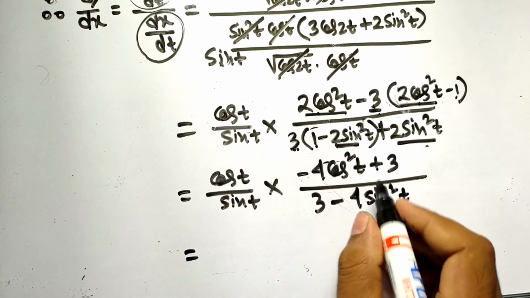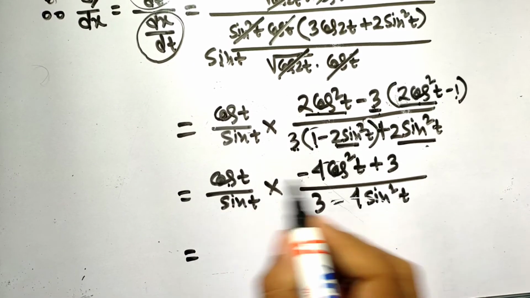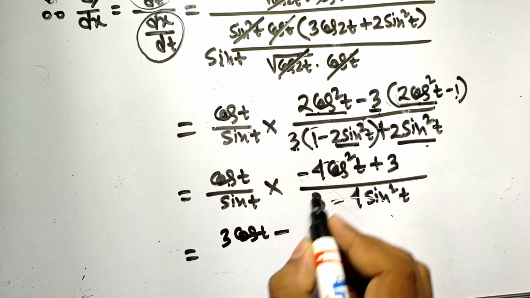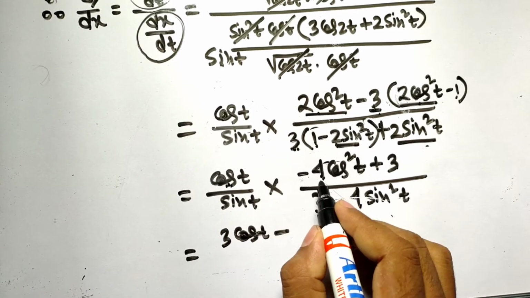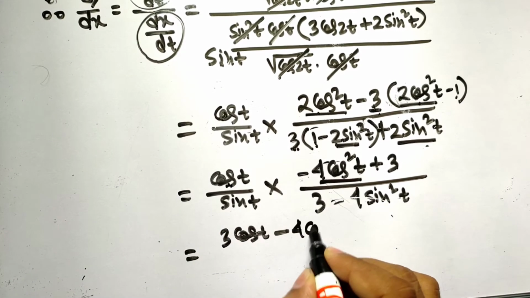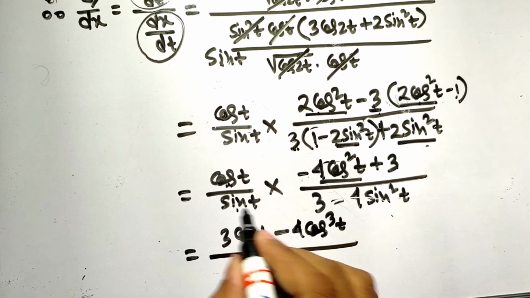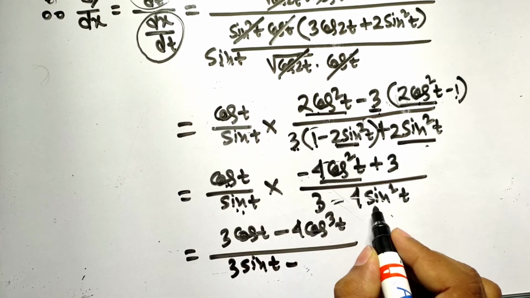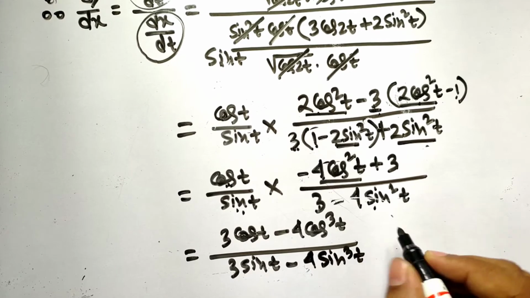Next line, cos t into this. So cos t into this is 3 cos t minus 4 cos cube t, okay students, divided by sin t into 3 is 3 sin t minus sin t into 4 sin square t, that is 4 sin cube t.